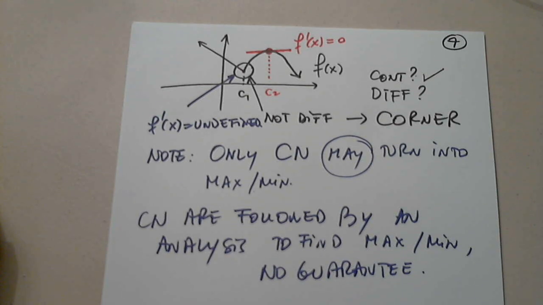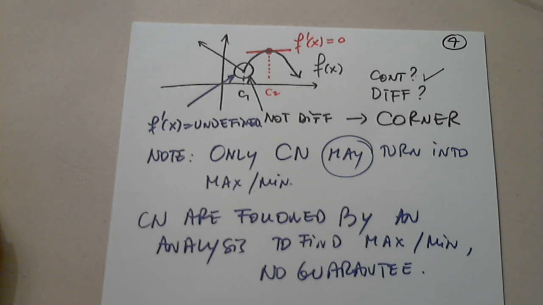But 0 has to have a horizontal tangent. Undefined? Yes. So if it's a vertical tangent indeed, this comes from f prime being undefined, where the function exists. The function exists, but the derivative does not.